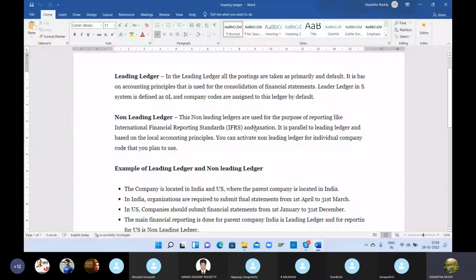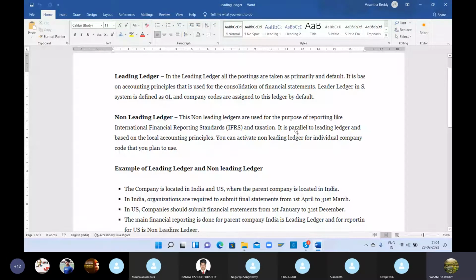This is applicable in the non-leading ledger. It is parallel to the leading ledger and based on the local accounting principles. Parallel means separation.